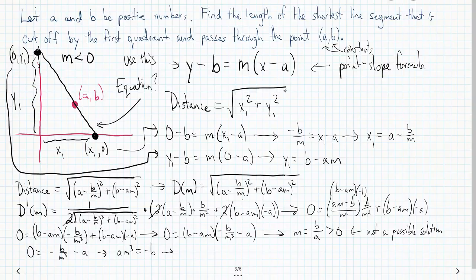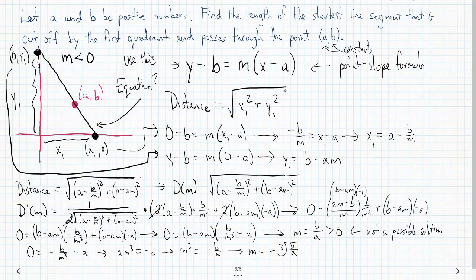And so m cubed equals negative b over a, and this means that m equals negative the cube root of b over a. Wowzers.